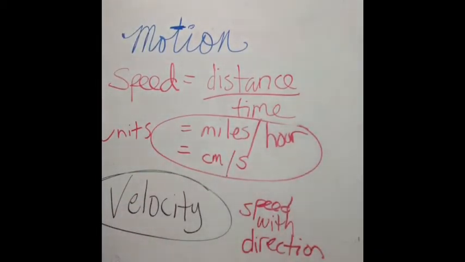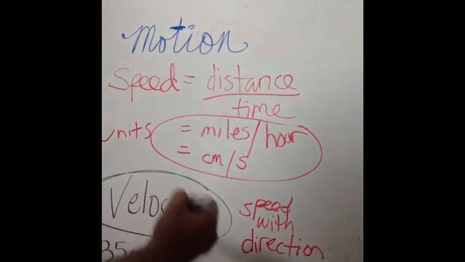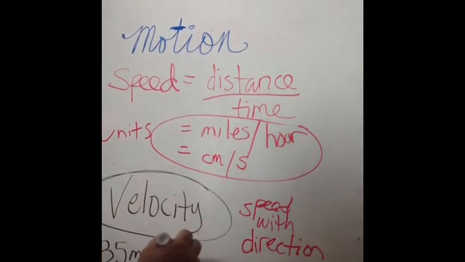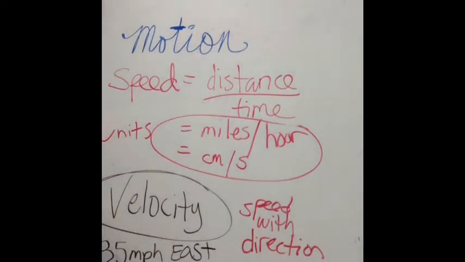Okay. So if we have something like 35 miles per hour, well, that's just speed. But if we add east, now we have direction, and that's velocity.